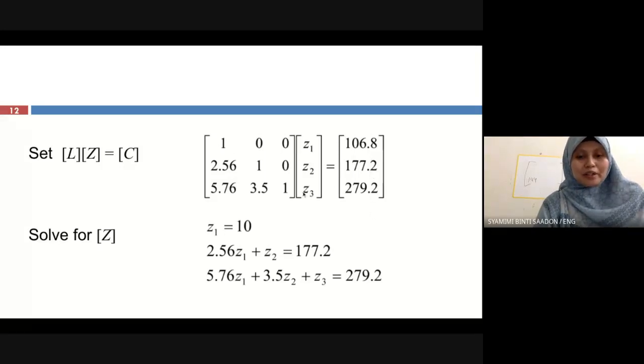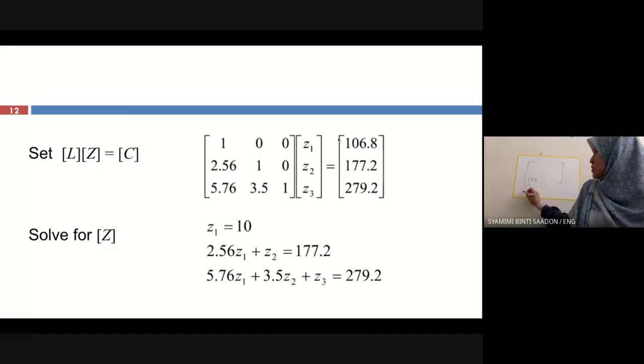Multiply each component of the matrix. I hope you remember how to multiply a matrix with a matrix. We have this 3 times 3 matrix, and this one is a 3 times 1 matrix, so the answer will be 3 times 1.